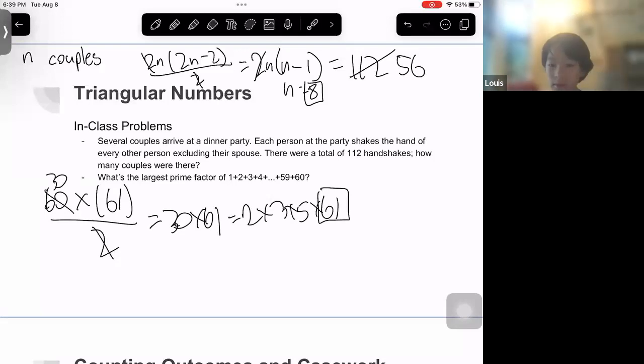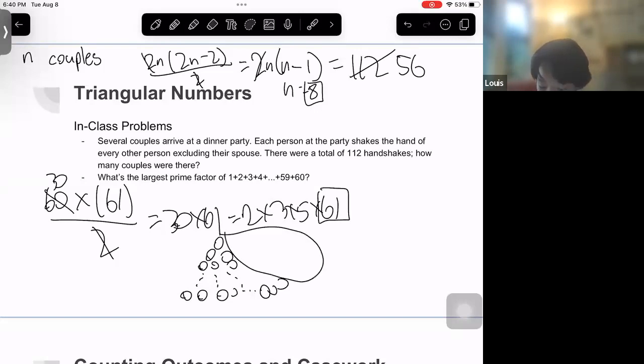And for the second solution, we can just write 2, 3, up to 60, and then we can write the reverse here. And then we find that there are 61 rows, and each row has 60.